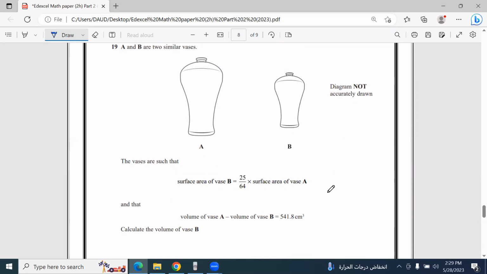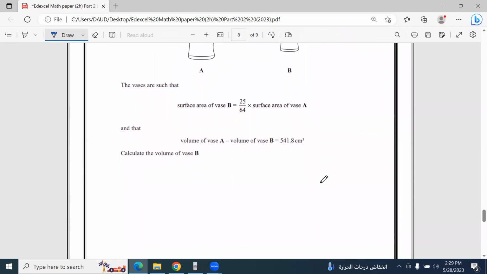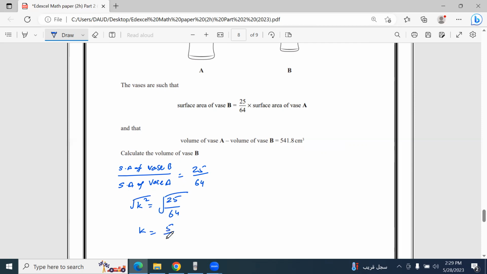If we try to make the scale or area factor from here, surface area of vase B over surface area of vase A is 25 over 64. This is the area factor, meaning k square is equal to 25 over 64. If we find the scale factor, that would be 5 over 8.